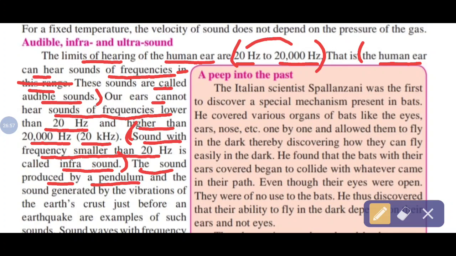In a wall clock that is moving here and there, and the sound generated by the vibration of the earth crust just before an earthquake. Have you heard the sound of an earthquake? Answer is no. Clear? These two examples are related to infrasound.